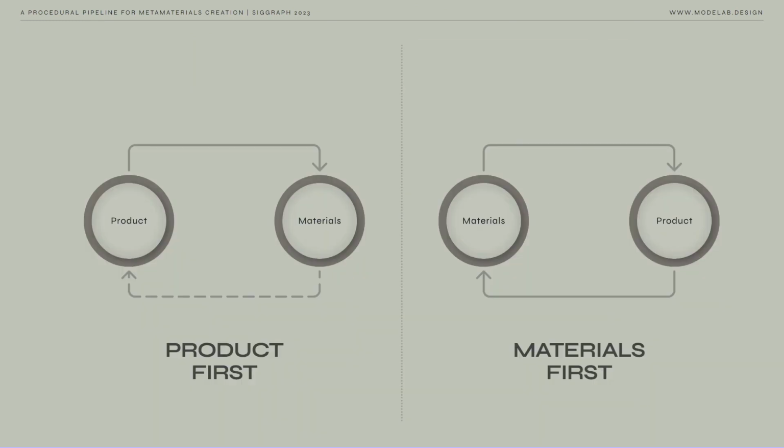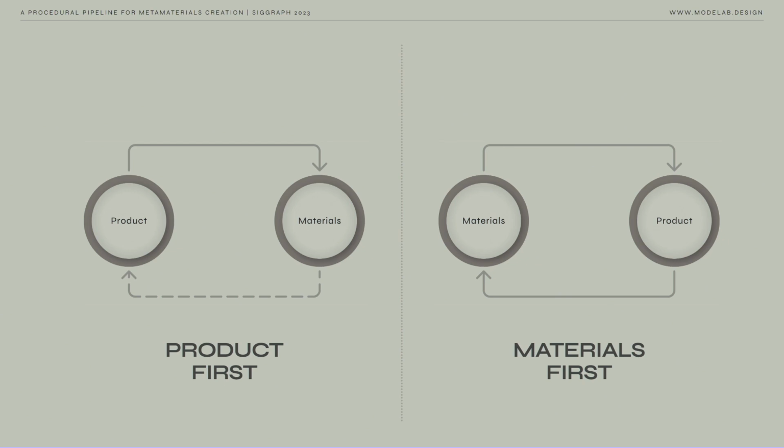In a typical product design process, a product's developed, a material is then selected, and then it's applied to the product. And in many cases, the material or materials chosen do have an influence on the product itself. But this is really relative to the materials that are available for selection.